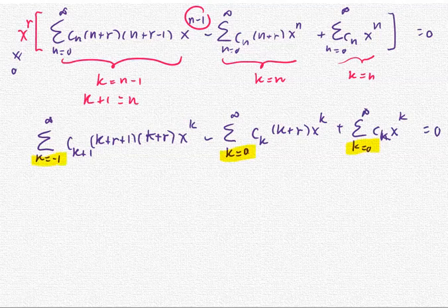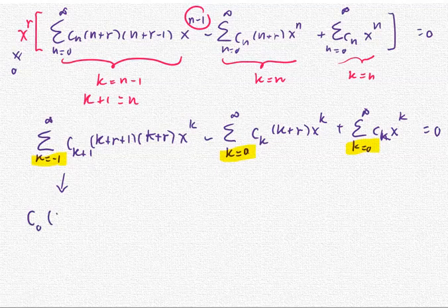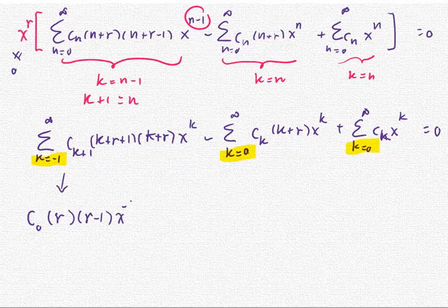So we have one extra term that comes out from the first summation. As k equals negative 1, we get the term c negative 1 plus 1, or c0. K negative 1 plus r plus 1 becomes just r. And the second factor becomes r minus 1 times x to the power negative 1.